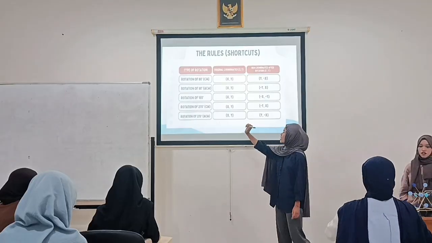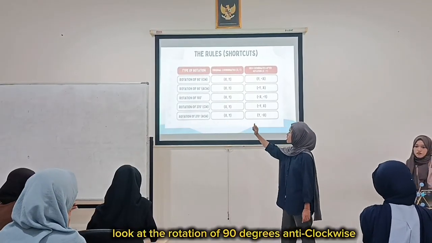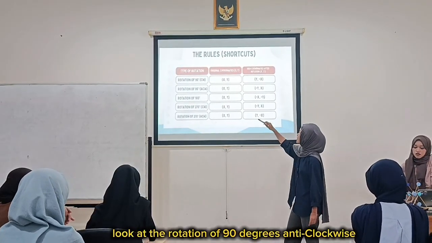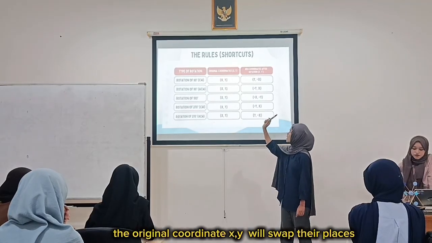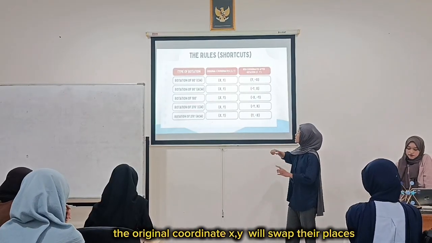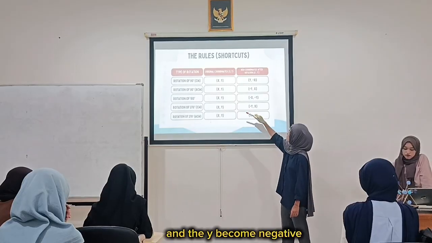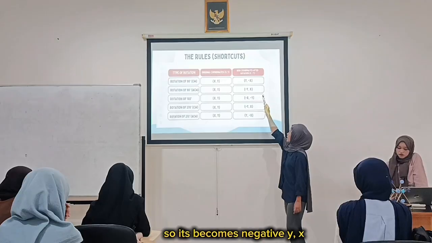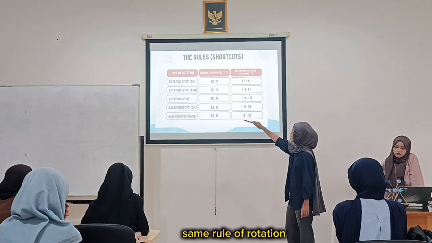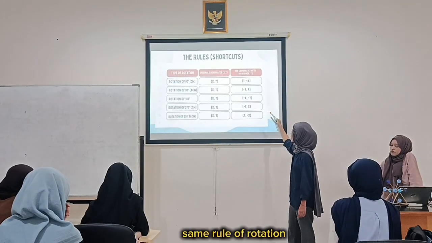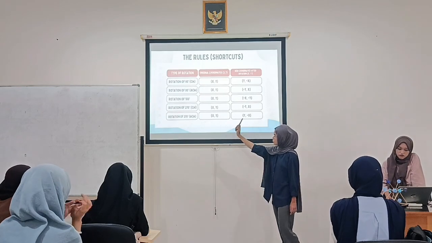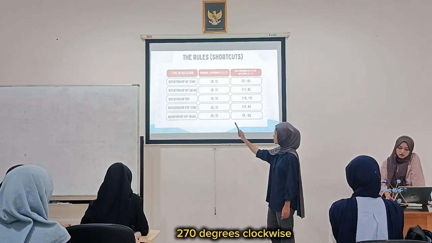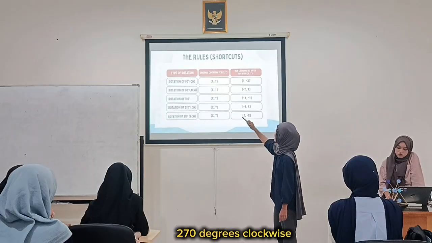Okay, second, look at the rotation of 90 degrees anti-clockwise. The original coordinates x, y will swap their places, and the y becomes negative. So it becomes negative y, x. And this is exactly the same as the rule for rotation of 270 degrees clockwise.